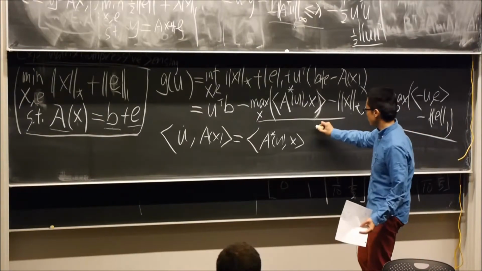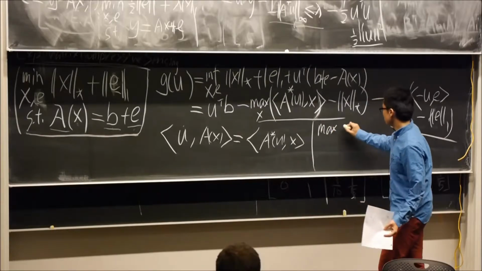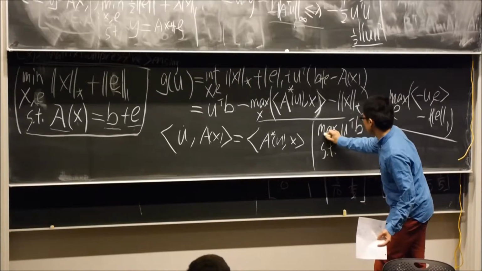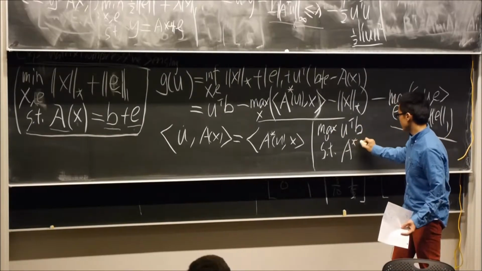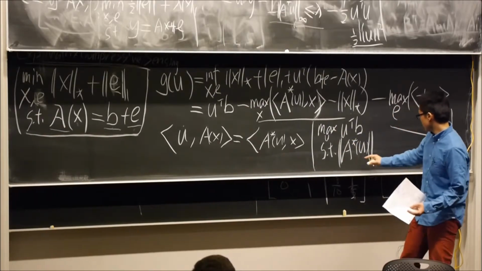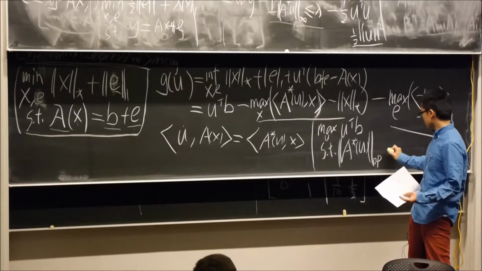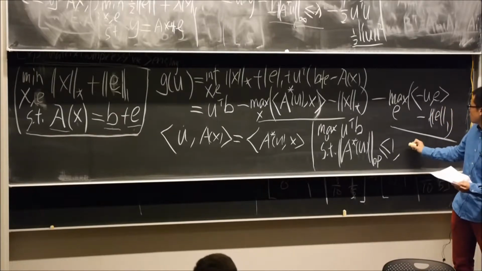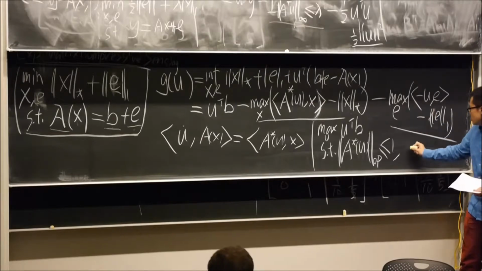So the dual optimization is to maximize simply U transpose B subject to A adjoint U. This is a matrix, and this operator norm is smaller than 1, and also negative U and U doesn't matter.